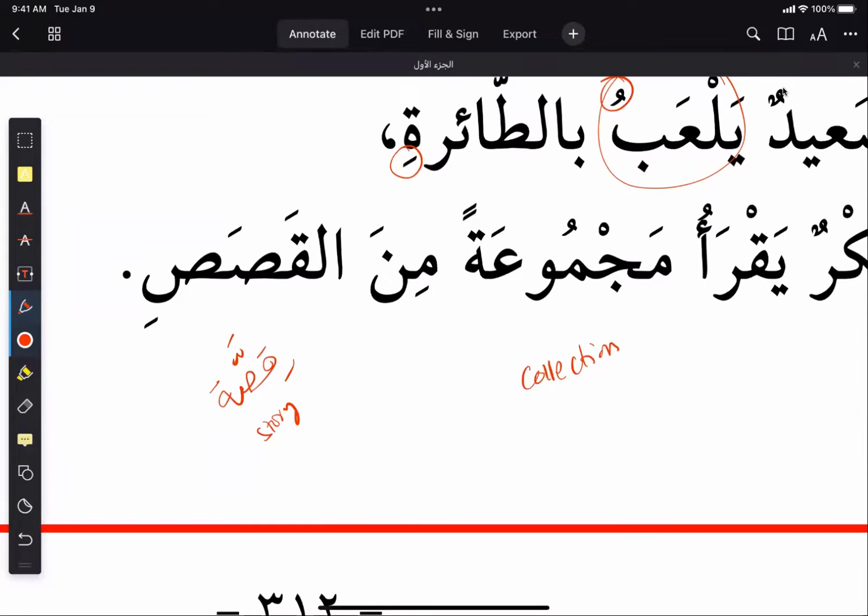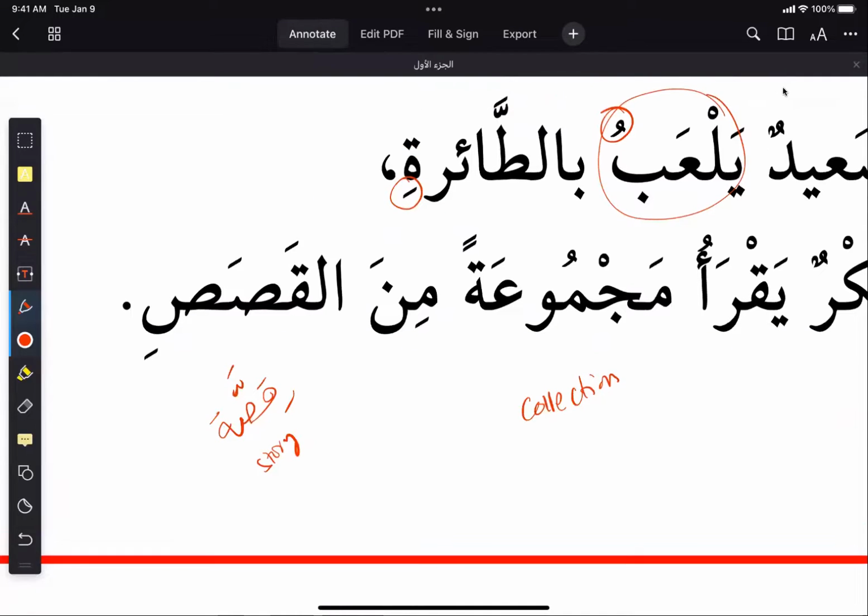There's a subtle difference. You can say qisas and you can say qasas. I just have to remember which one is what. One of them is tales, another one is stories. They're very similar in meaning, right? I think qasas would be tales. I can quickly check. Yes, qasas is the tale and qisas is the story.